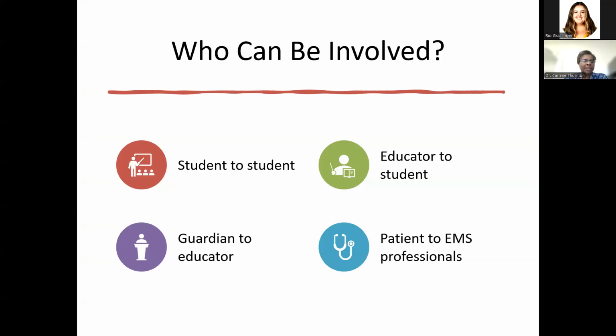And again, it can be student to student, educator to student, guardian to educator, because sometimes parents of students offer favors to get their child a pass. It could be a chief officer offering a favor to the instructor, you'll get promoted. So it can go in various ways.